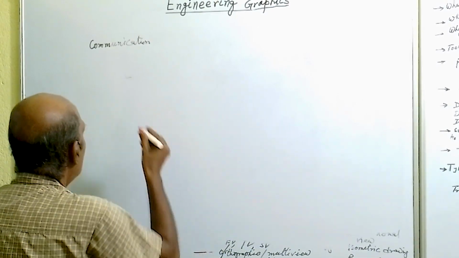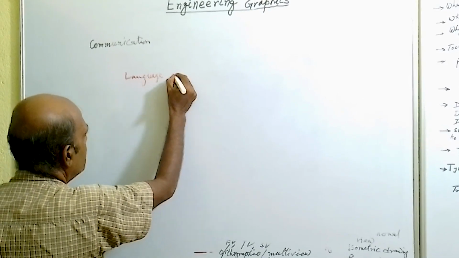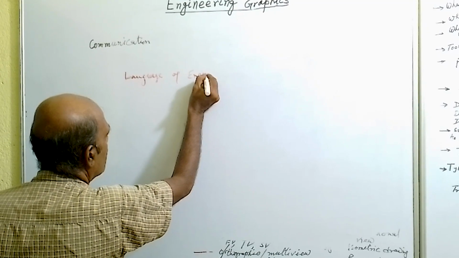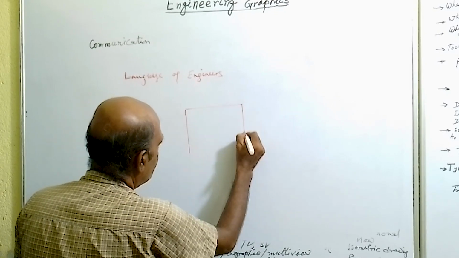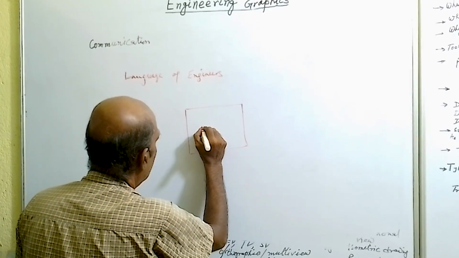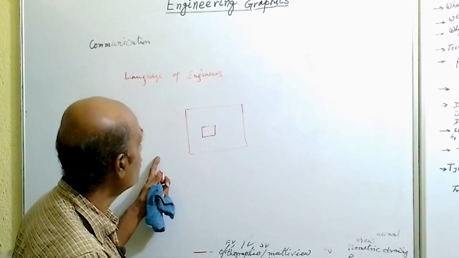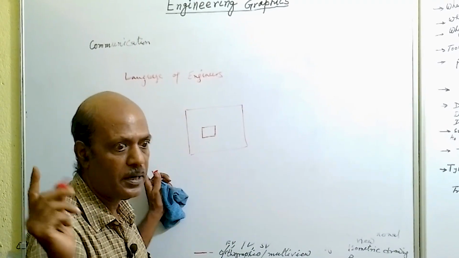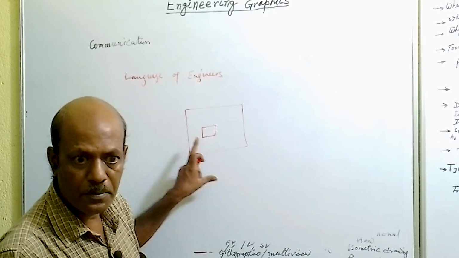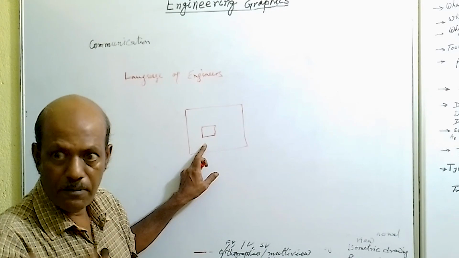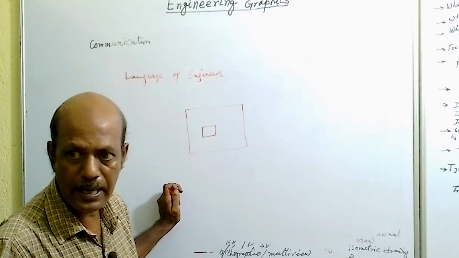Because if we have drawn something on a sheet of paper, that can be understood by other engineers of different countries. That means whatever we have drawn here can be transferred to other engineers. So that's why it is called the language of engineers, like other languages.